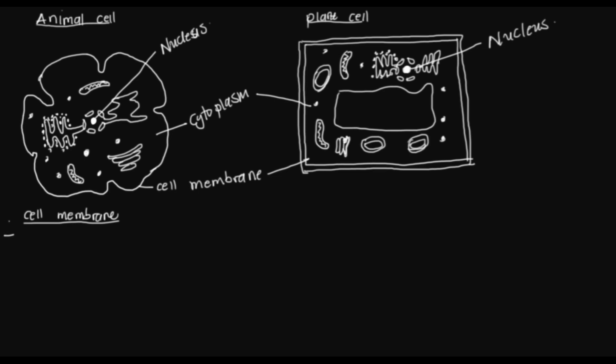Since it is a structure that separates the inside of a cell from the outside, the cell membrane holds the content of the cell together. So these organelles that are found inside the cell are held together by the cell membrane. So if this cell membrane were to be removed, the structures inside may be scattered.